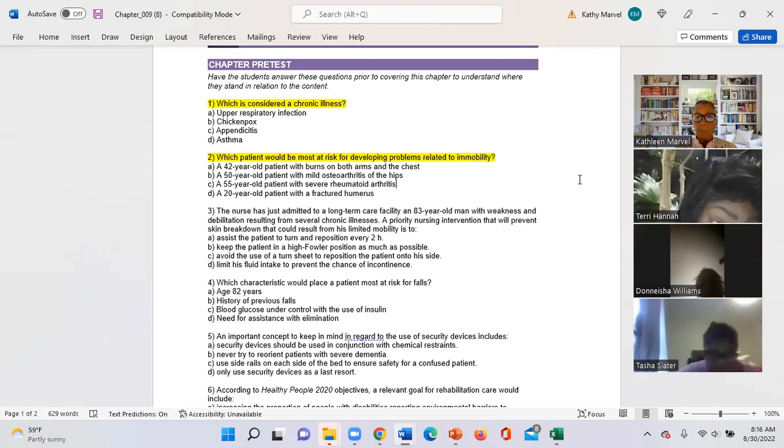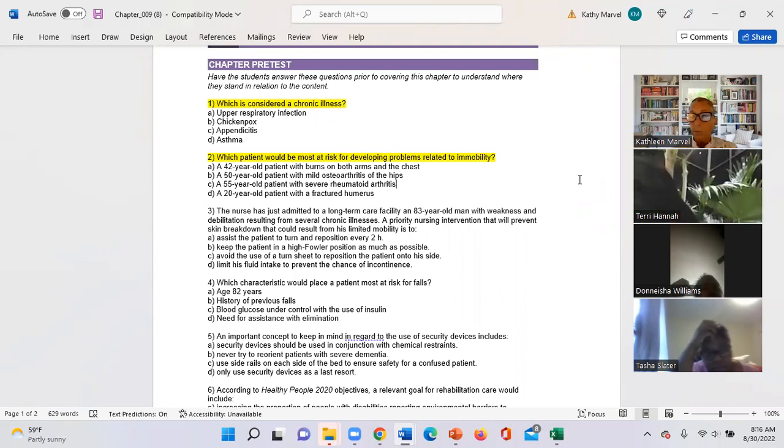Is it C? C. Yep. All of the answers could apply if it didn't say most, right? But when you add most in there, you have to pick the most severe or the most at risk, which would be C. You understand how to read that question? Okay. You got to be able to catch those priority words.